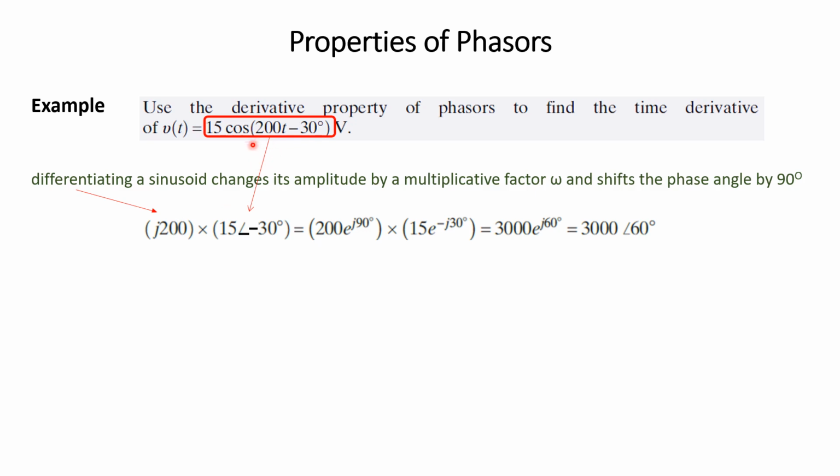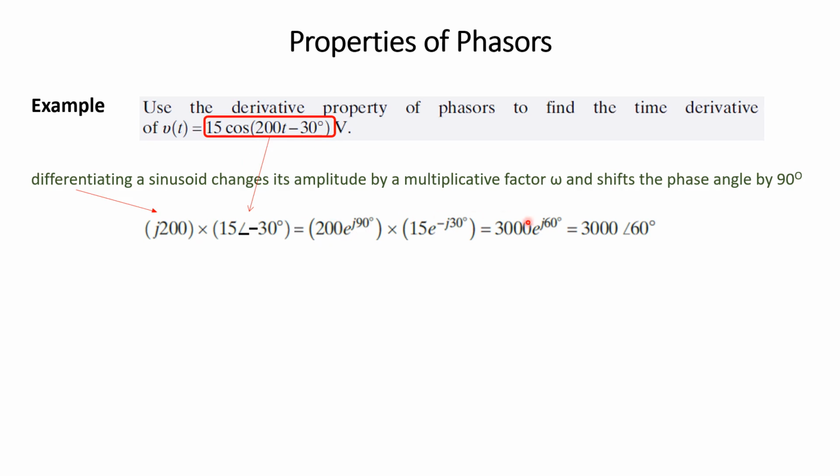Now this voltage represented in phasors is 15 and only the angle. This is the phasor representation of this voltage, and due to the derivative property it is multiplied by 200, which is omega, and j represents the angle shift.